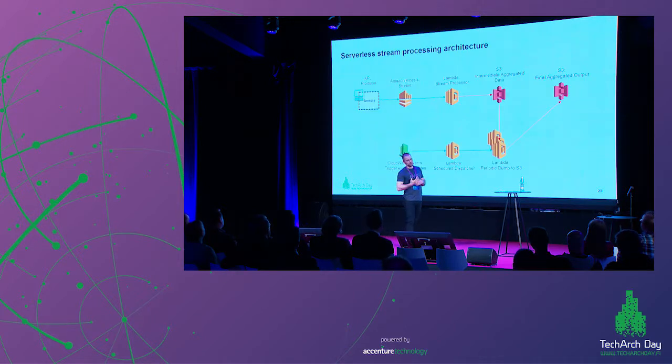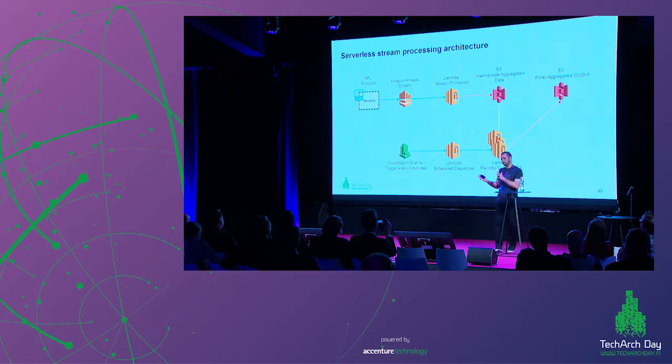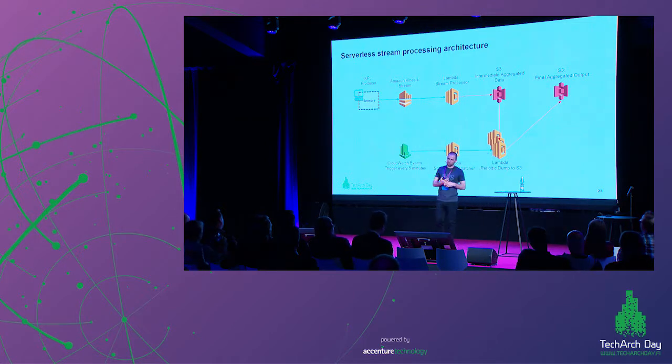The classical architecture for that is using Kinesis Stream, which is also a serverless thing. But what you do here is you hook it up with a Lambda function. And then you do something very similar to what we do with MapReduce, which is that you store intermediate results inside an S3 bucket.